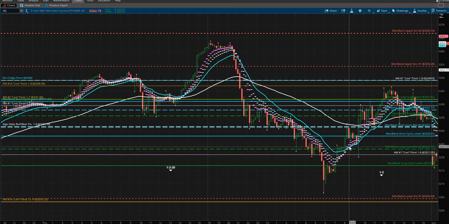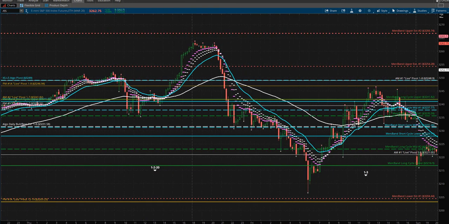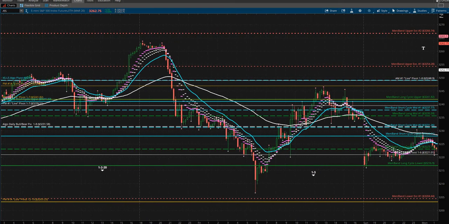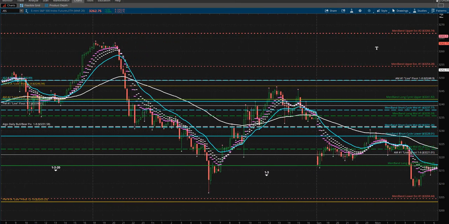Then the algo flipped long, 32.24. You had this move, and then short again. And you have the ability to take the meat out of the move, because as the algo is long or short, you've got these algorithmic pivots to, again, show you ideal places to take profits.